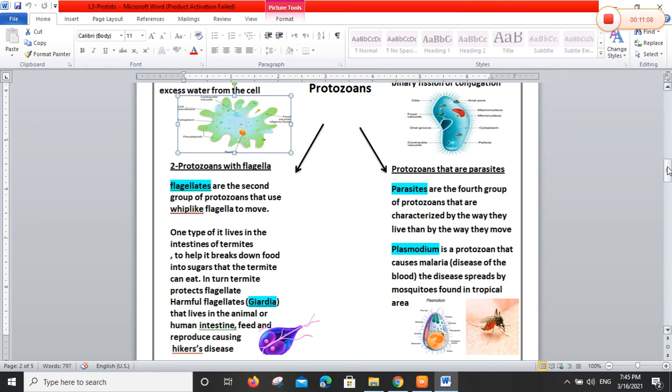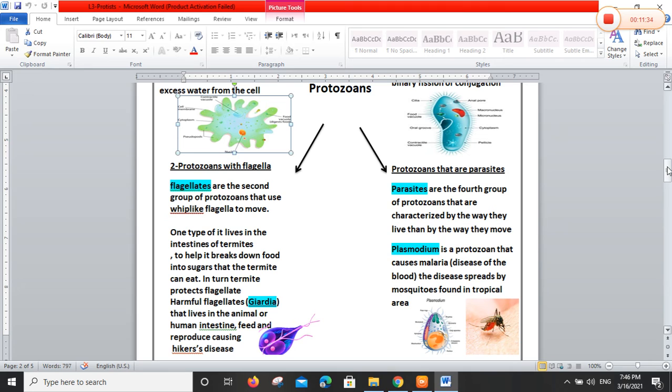So flagellates help termites break down food, and in the other way, the termites help the flagellates by protecting them. Yes, to protect them. We also have harmful flagellates.